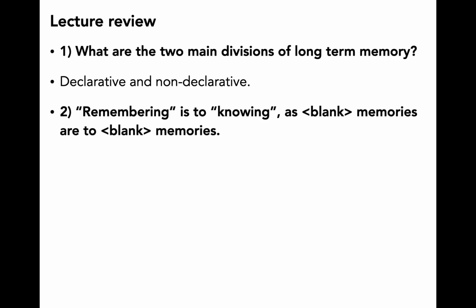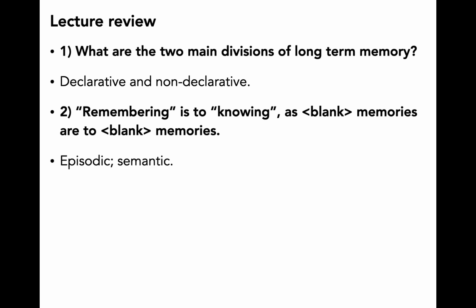Question 2. Remembering is to knowing as blank memories are to blank memories. So if you recall, I said we can redefine two memories as remembering and knowing. What are those memories?